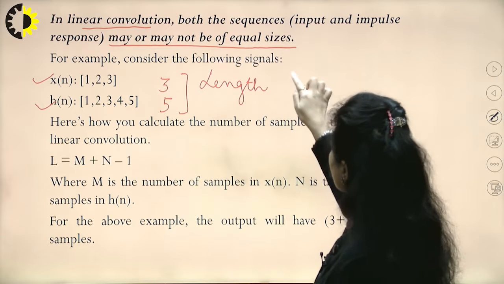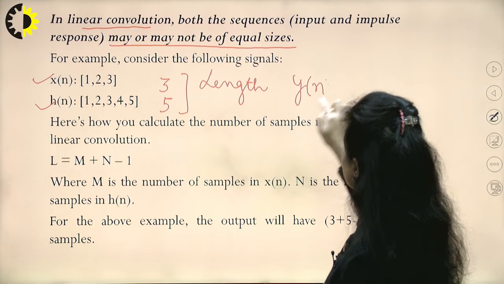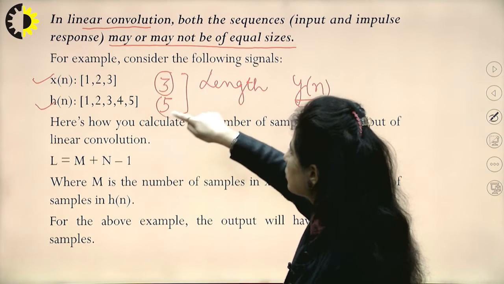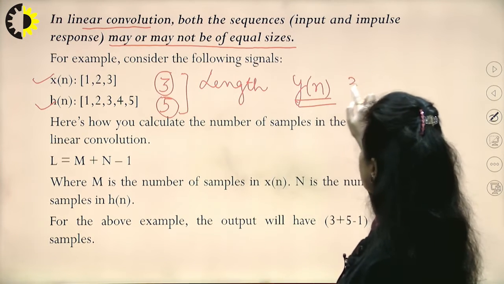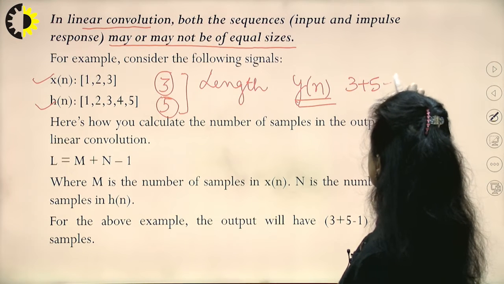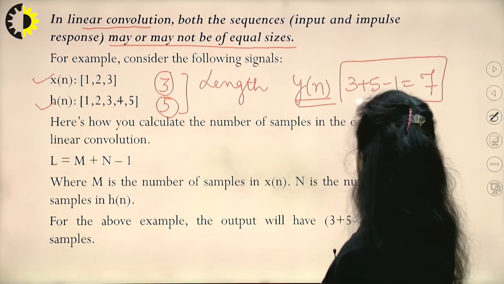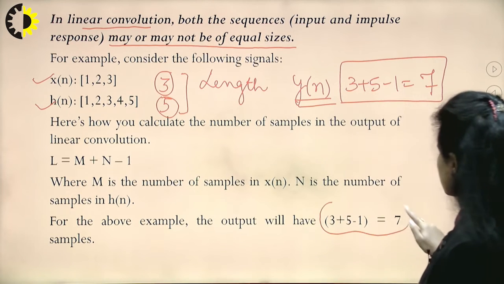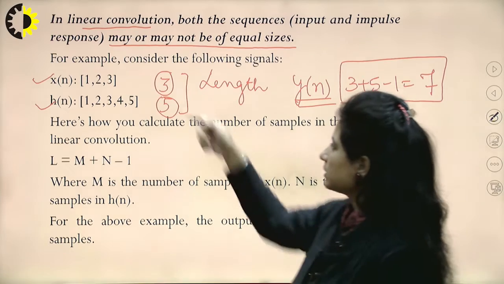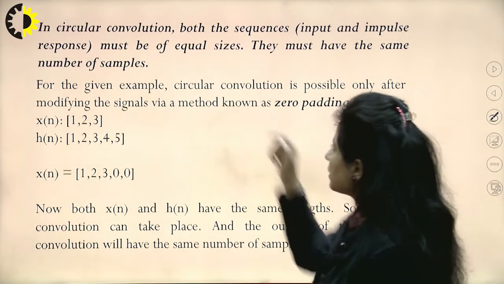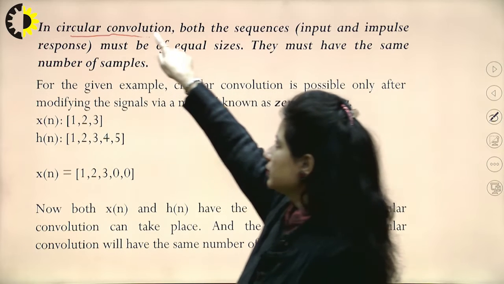The total output length is the length of the first sequence plus the length of the second sequence minus 1: 3 plus 5 minus 1. The output sequence would have 7 samples.